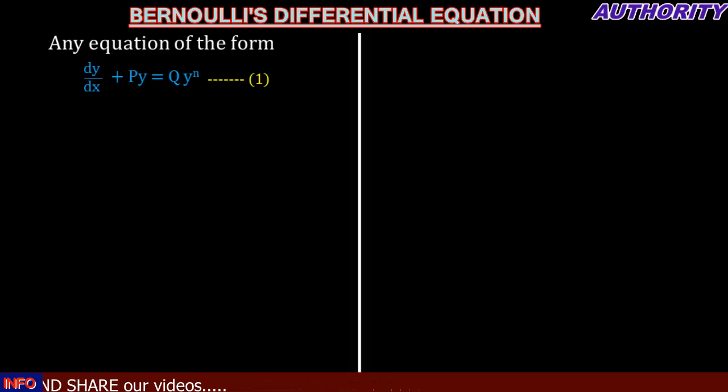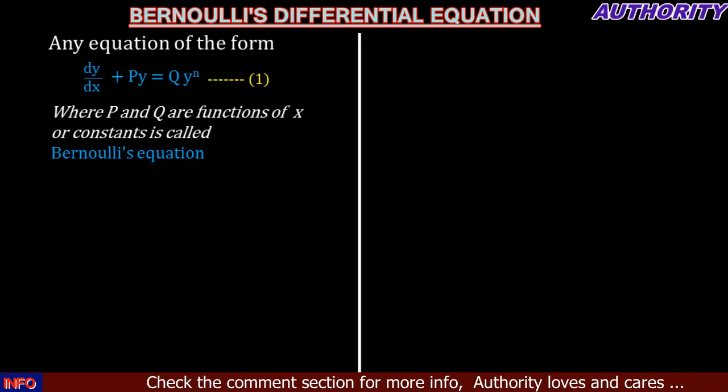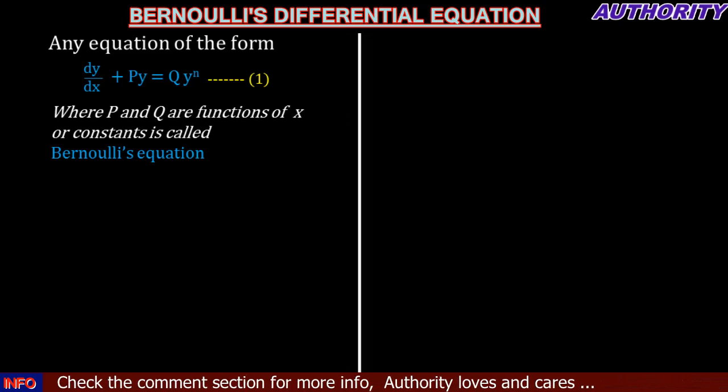So anytime we have an equation that is a bit more complex than the linear differential equation, in this form, dy/dx plus Py equal to Qy raised to power n, where P and Q are functions of x or constants, we say that this equation is called a Bernoulli equation.